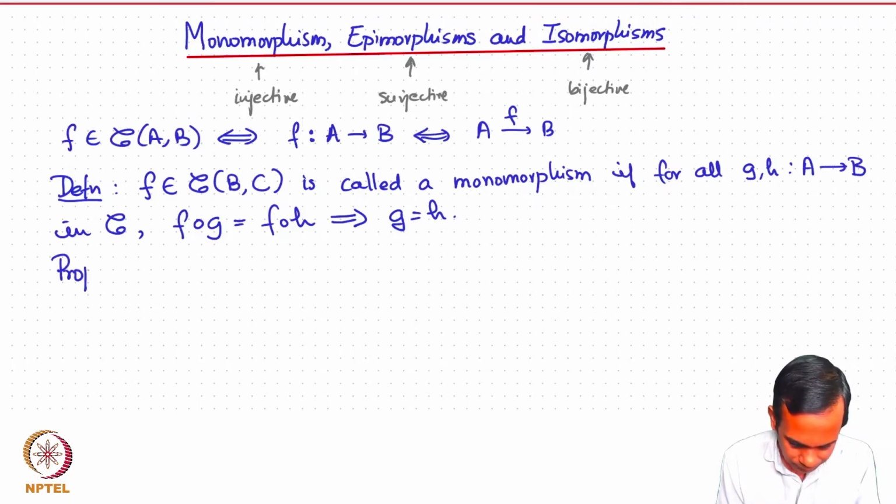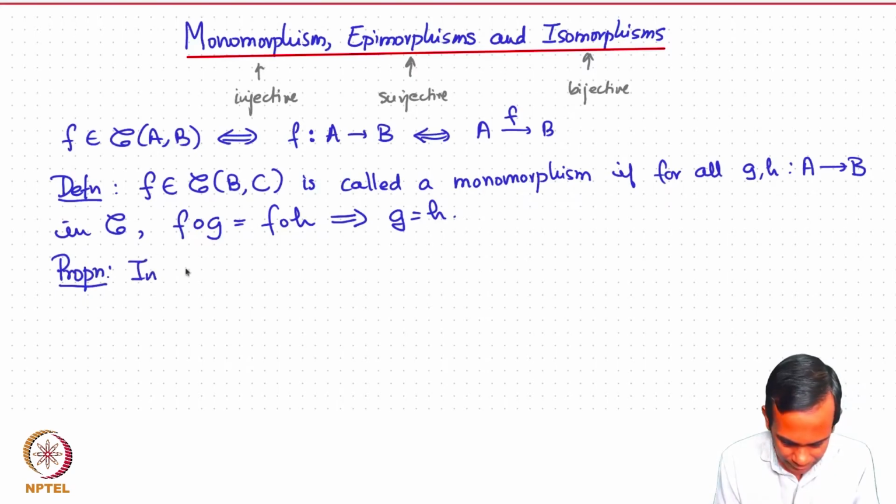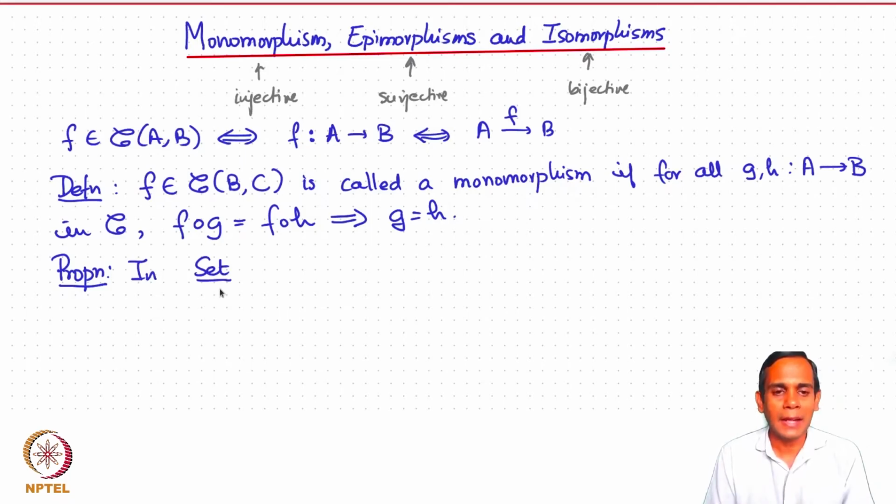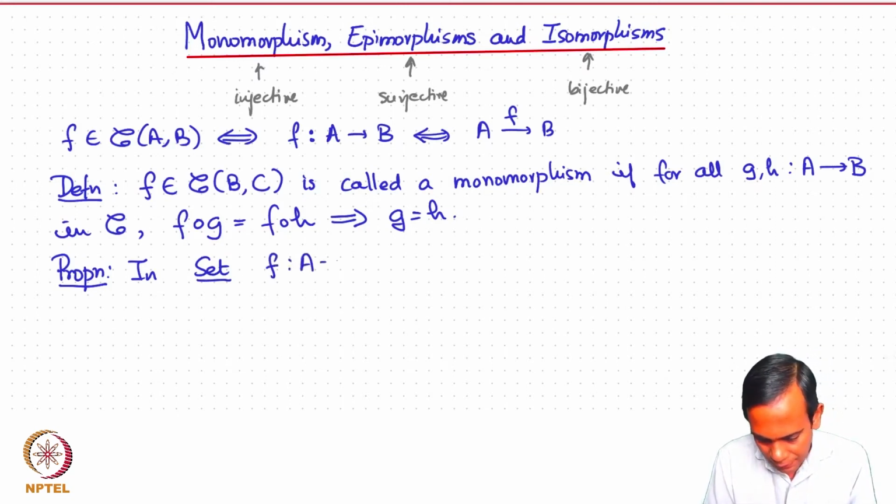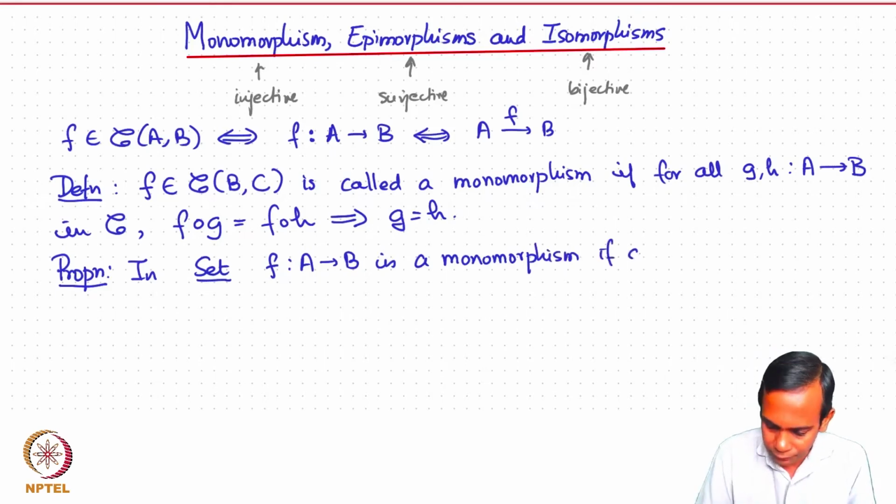Just to show you that this corresponds to injections, here's a proposition. In the category Set, recall that this is the category whose objects are sets and whose arrows are functions, f from A to B, a function from a set A to a set B, is a monomorphism if and only if f is injective.